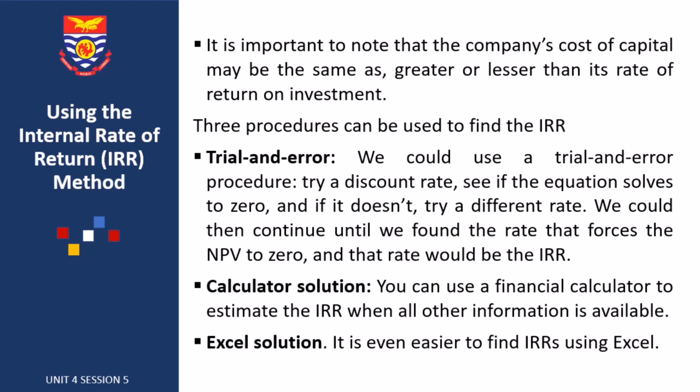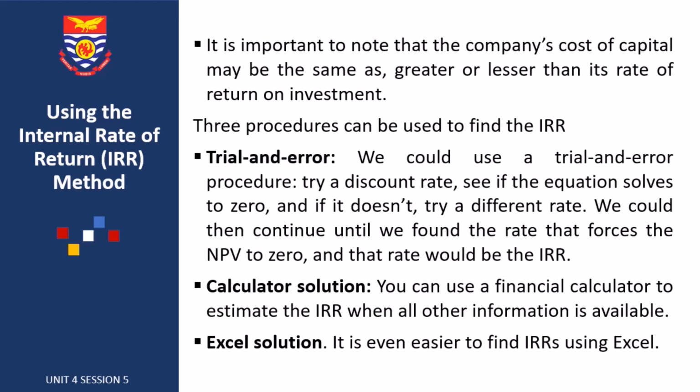Three procedures can be used to find the internal rate of return. You have the trial and error method, we also have the calculator solution, and of course you can also use Excel to calculate your internal rate of return. With trial and error, you try a discount rate to see if the equation solves to 0, and if it doesn't work, you try a different rate.